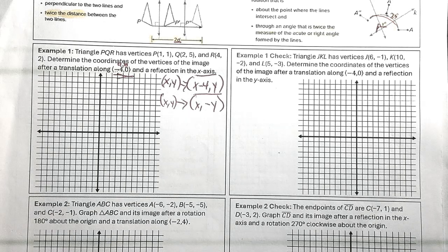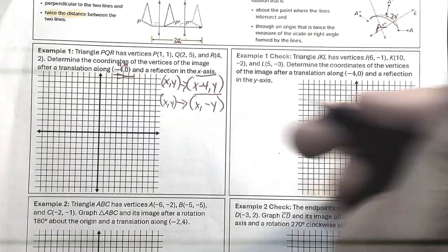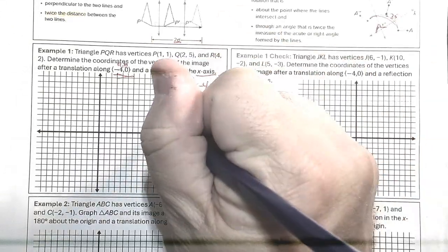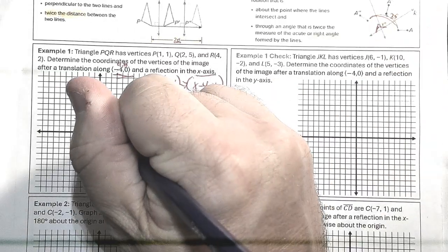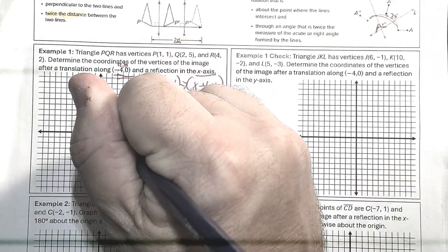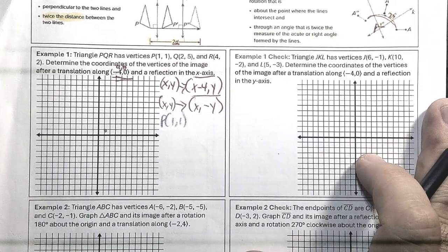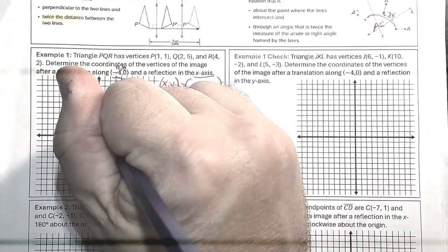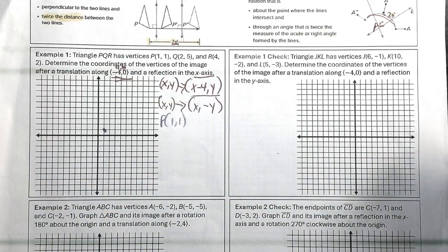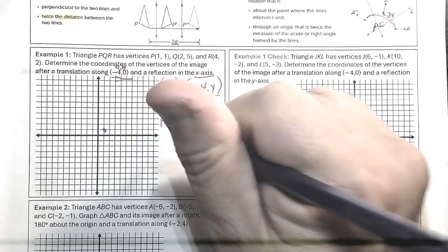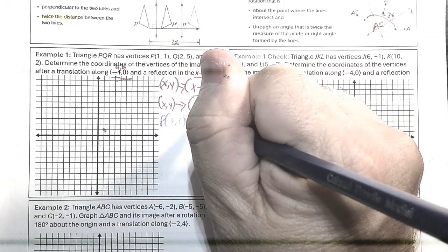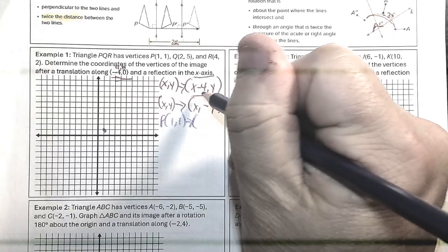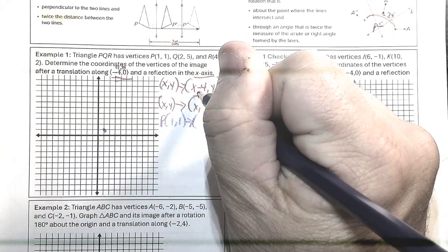Well, we're just going to do the points in different colors. So we're going to start with P. P is at 1, 1. So your x, y. I'm not going to have room to write it all out, but your 1 minus 4.